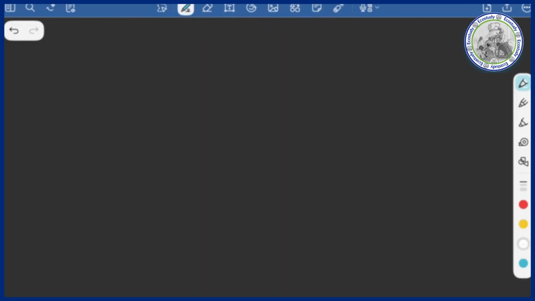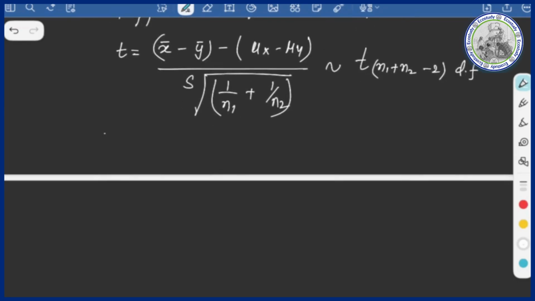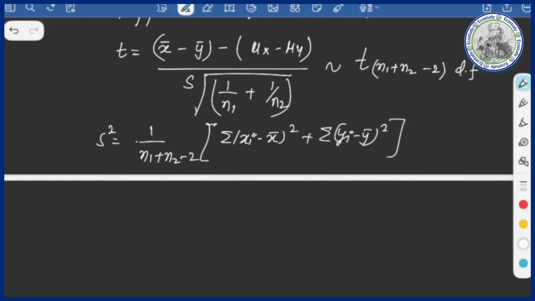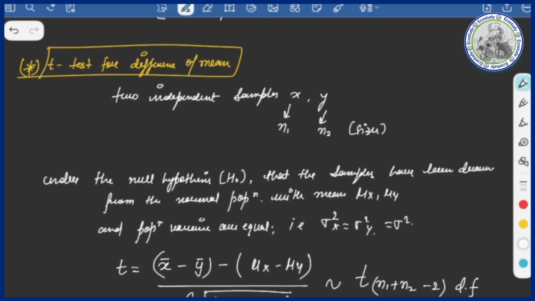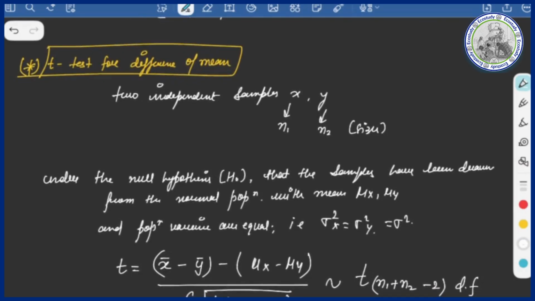And S square is 1 upon n1 plus n2 minus 2 into the sum of (xi minus x bar) square plus (yi minus y bar) square. So this is the t-test for the difference of two means.